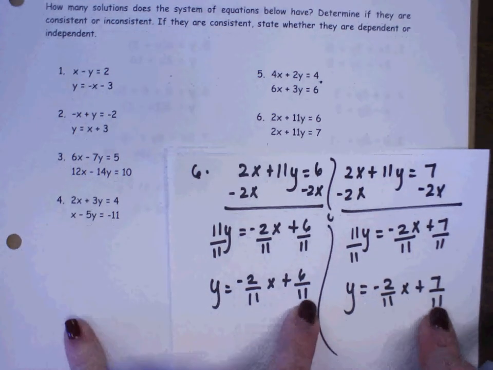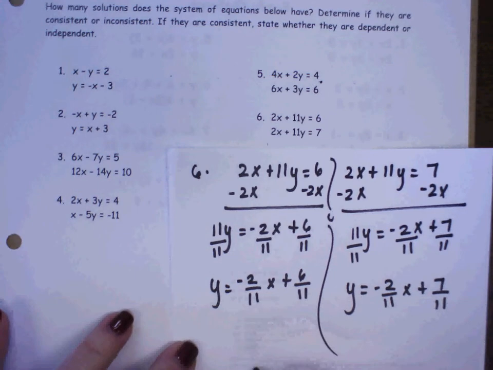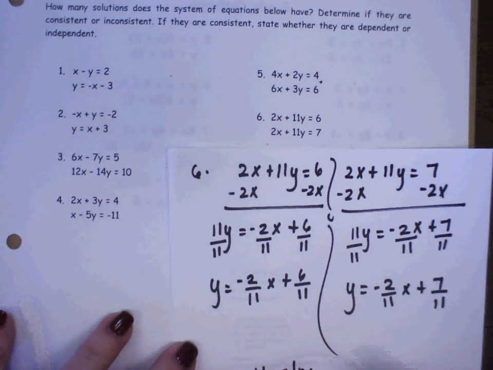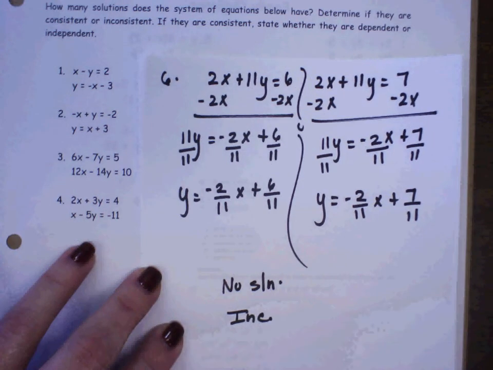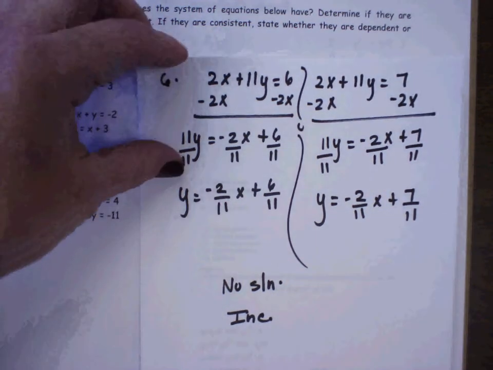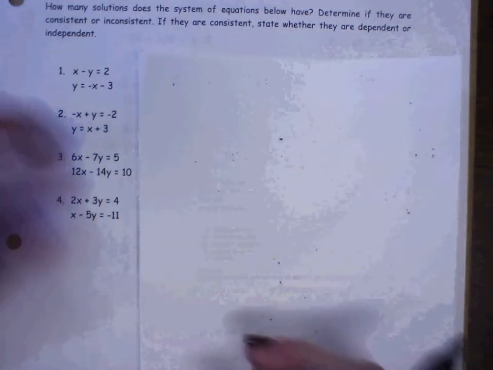But they do have the same slope. So these are parallel lines which have no solution, they never touch, and these are going to be inconsistent. All right, 7 and 8, and we are done.